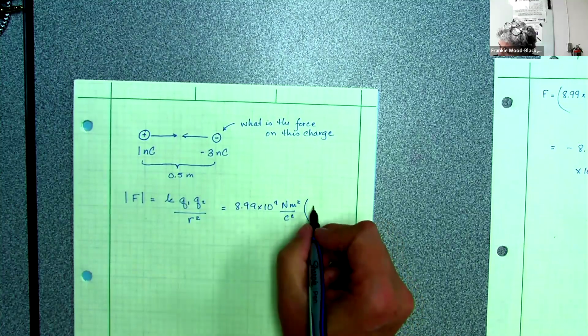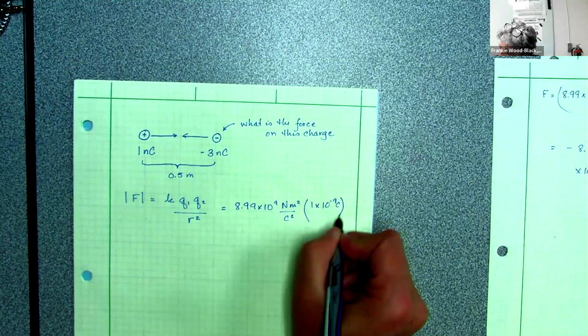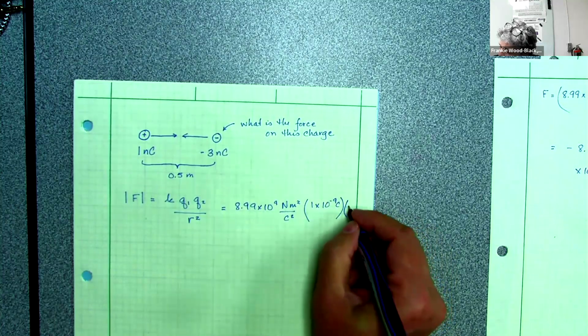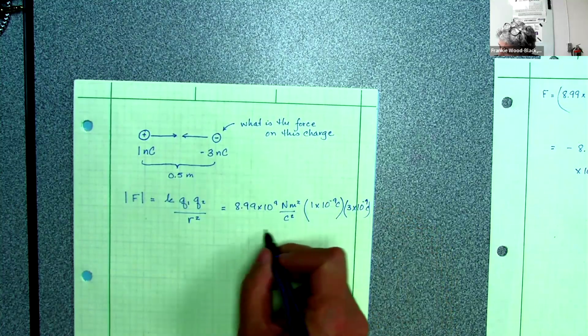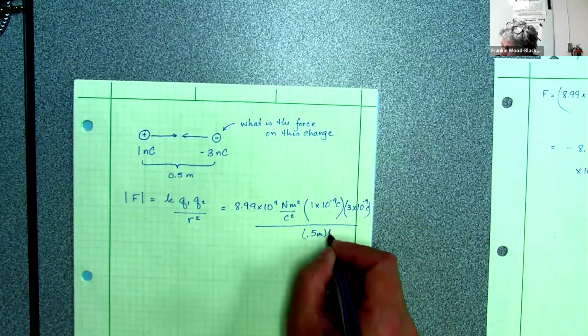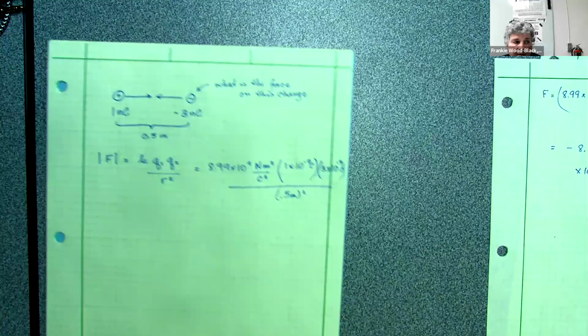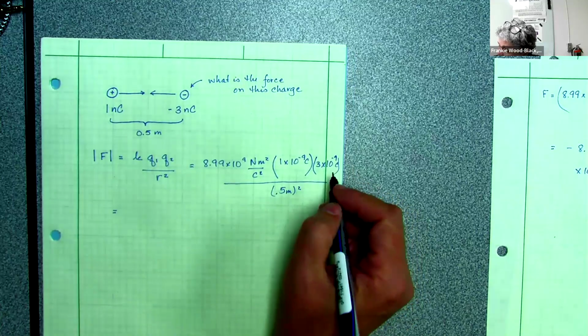We have 1 times 10 to the minus 9 coulombs. I have 3 times 10 to the minus 9 coulombs divided by 0.5 meters squared. I used the minus 9 for a reason, okay? Because this one is going to make my life a lot easier.